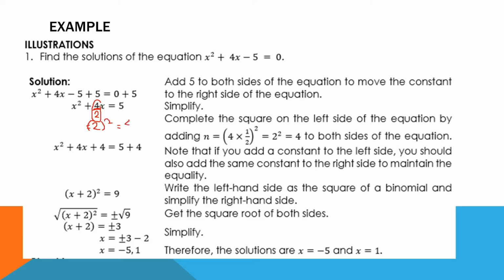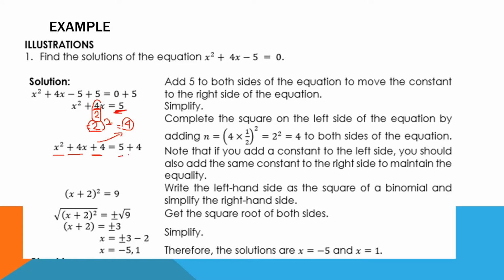So ang sabi, we are going to add the square of the half of the coefficient of the linear term to both sides. So ang mangyayari, i-add natin siya both sides. So ang mangyayari sa ating equation ay x squared plus 4x, dahil i-add nga natin, nanggaling itong 4 dito. Then equal natin sa 5 dahil sa equation natin ay 5.